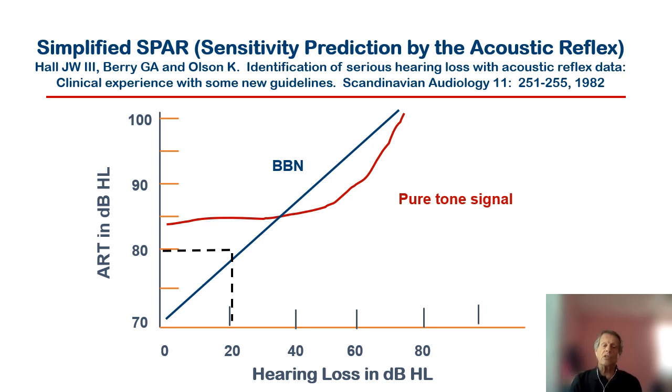Well, my research and the research of Dr. Jerger and many others showed that as you get into people with greater degrees of hearing loss, the broadband noise threshold progressively is higher and higher.